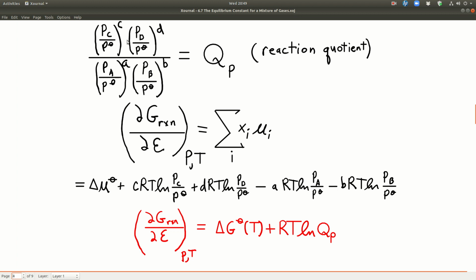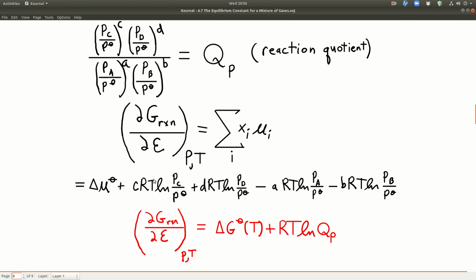We have a name for this ratio right here, the term that was inside of the natural log. It's called the reaction quotient, Q sub P. So with that in mind, now we can say partial G with respect to extent is equal to the sum of the coefficients times the chemical potentials, which is equal to delta chemical potential under standard conditions plus all these natural log terms, products minus reactants.